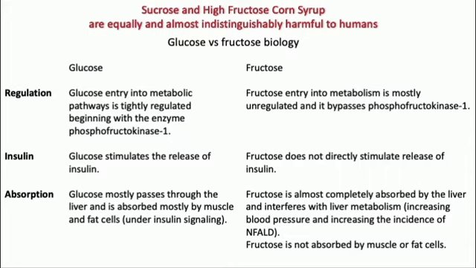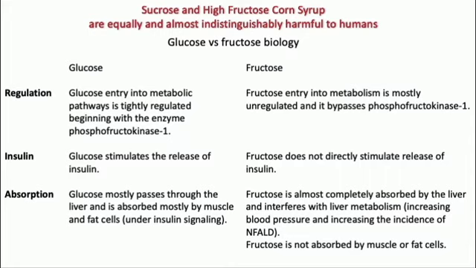Among those principles is that glucose and fructose have very different physiological effects, even though chemically they're very similar. For example, glucose entry into metabolism is highly regulated by phosphofructokinase 1. In contrast, fructose bypasses that enzyme and pretty much is unregulated.